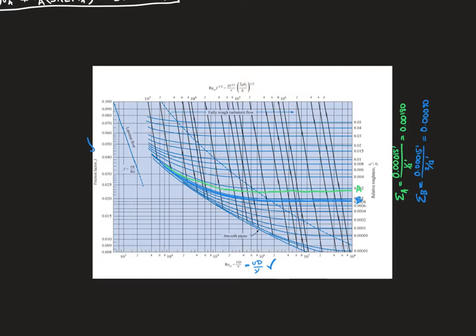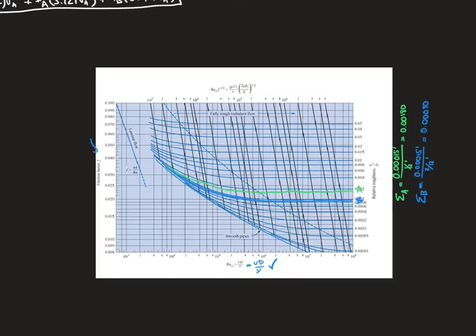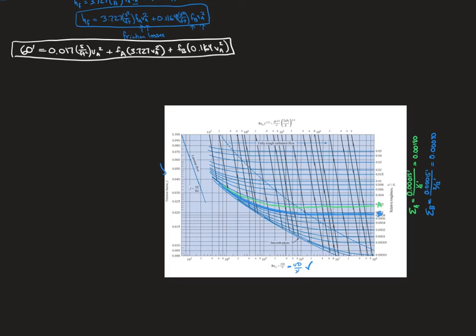So the idea here, again, this is that circular logic, is that we're going to guess an f. Well, actually, we're going to guess two f's up here. Once we guess those f's, we can solve for this v. Once we solve for that v, we can take that v and use it to solve for the Reynolds number. Once we have the Reynolds number, we can get the f over here, right?